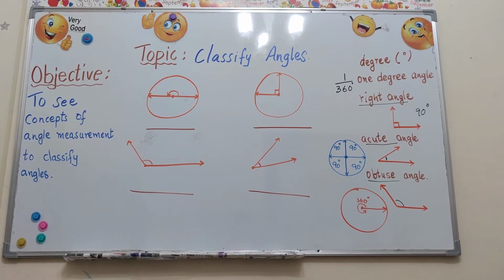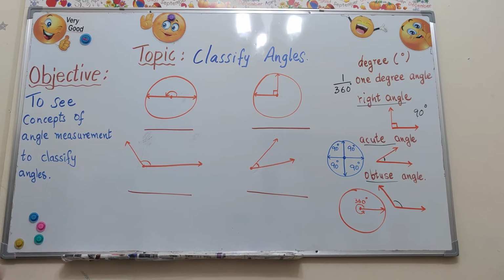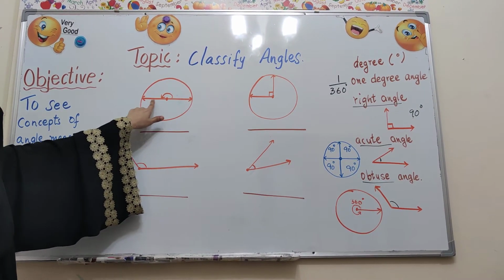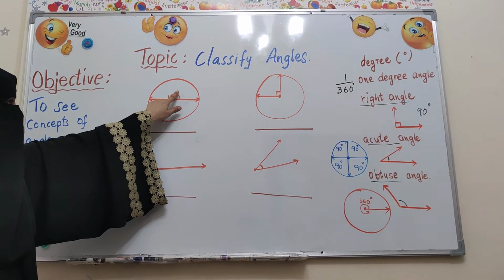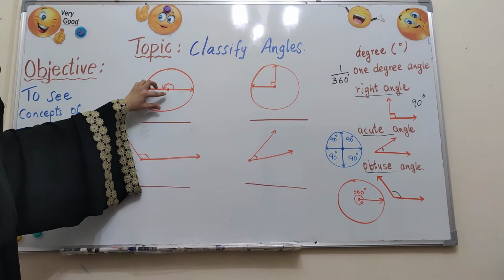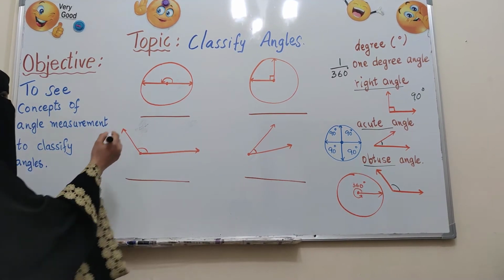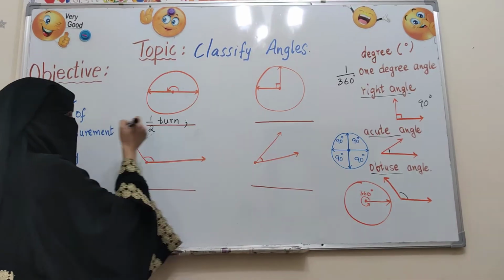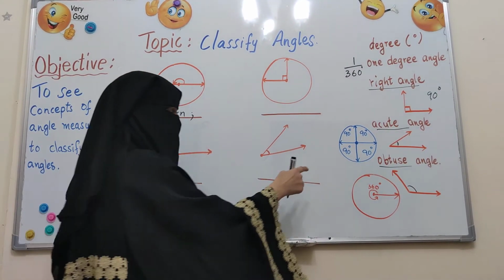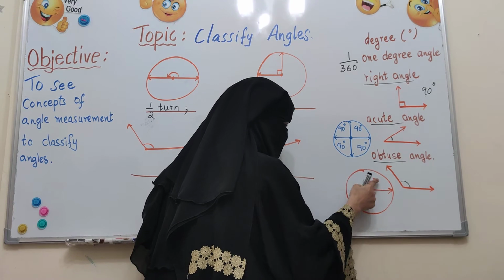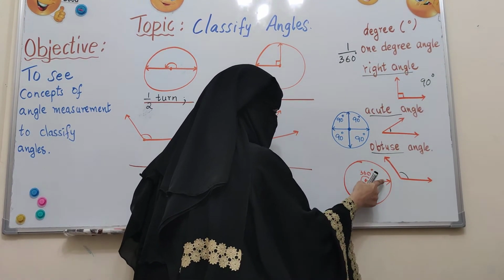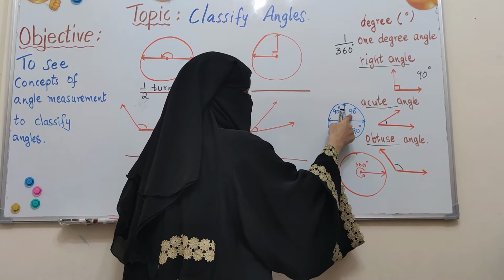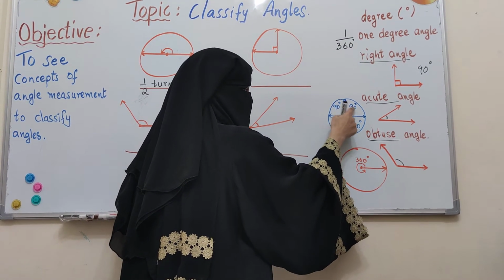Now let us solve some problems. Here I have a circle. If you see properly, the 2 rays with a turn are showing that it is a half turn. In a circle, I told you there are 360 degrees. The circle is making a full turn, it is 360. When I say half, it is 180.